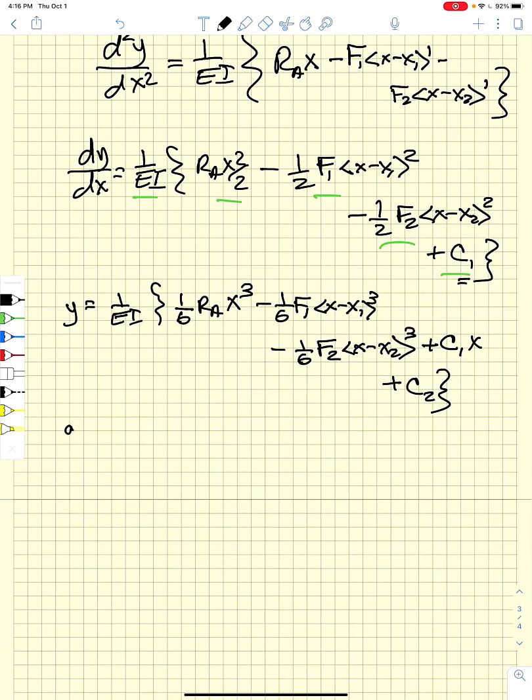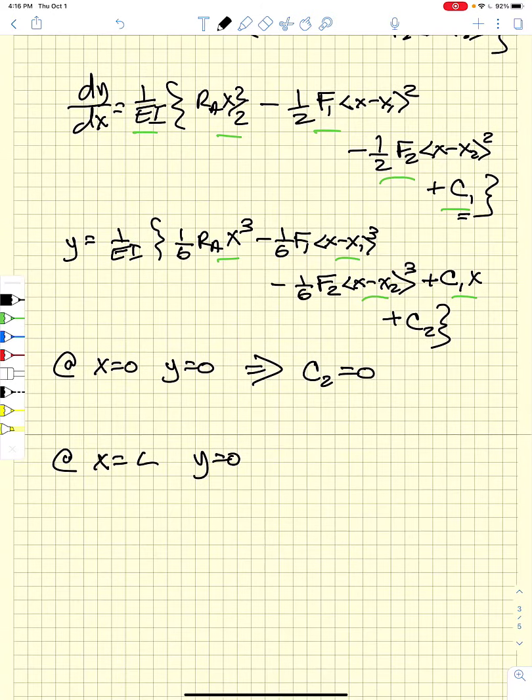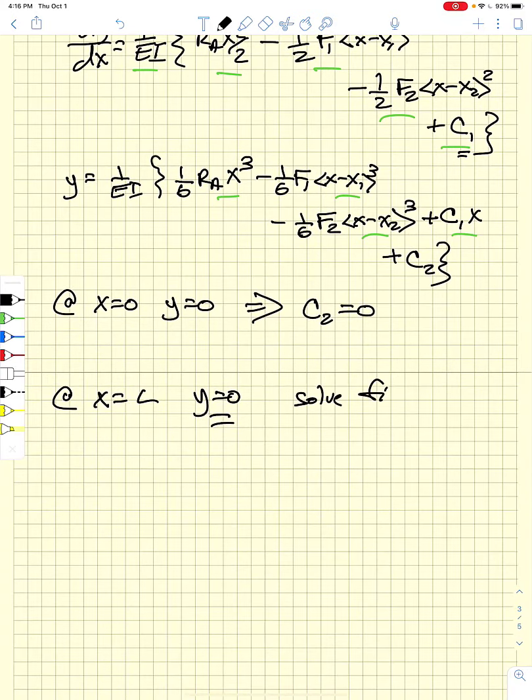We know that at x equal to 0, y equal to 0, and all of these terms are 0 at x equal to 0. So this implies that C2 must be equal to 0. At x equal to L, y is also equal to 0. These are the simple support conditions at A and at B. A is at x equal to 0, B is at x equal to L. From this, we now solve for C1.